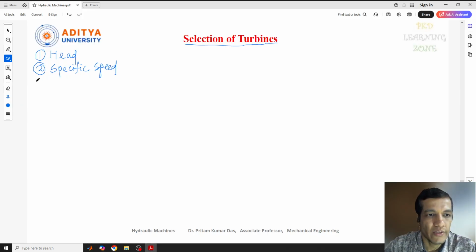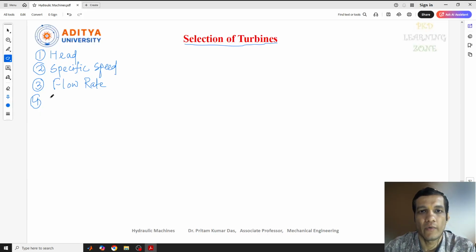Along with this, we also have the flow rate, and next we need to check the cost analysis, like whether it is economically friendly or not.